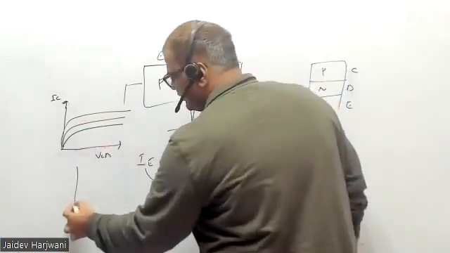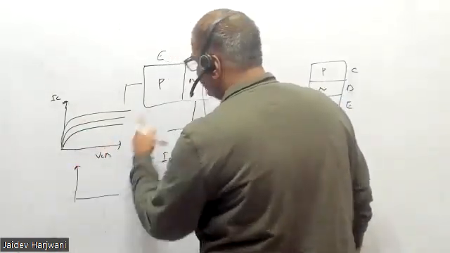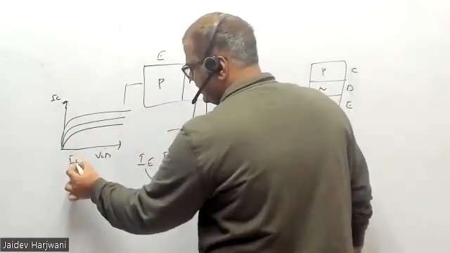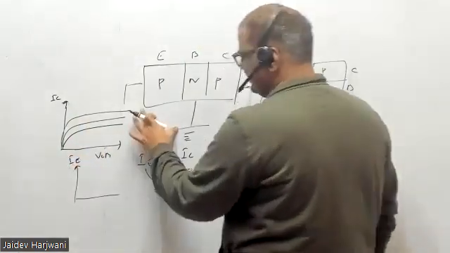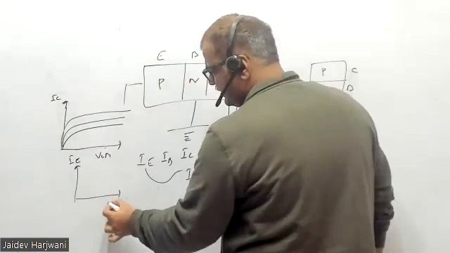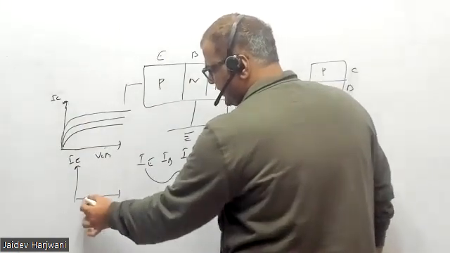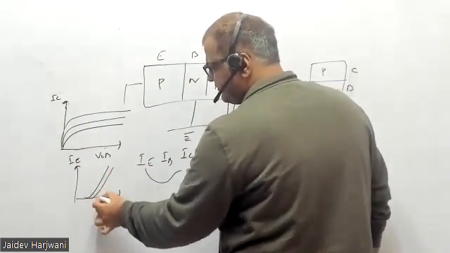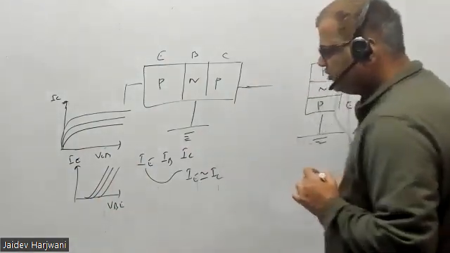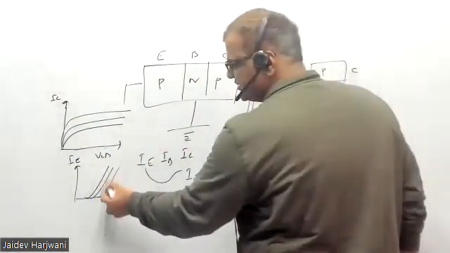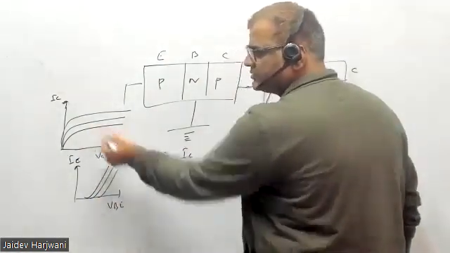If you plot the input characteristics, the input current is IE and you apply voltage VBE, it is like a diode. So for the EB junction the resistance comes in ohms, while the CB junction resistance comes in mega ohms.